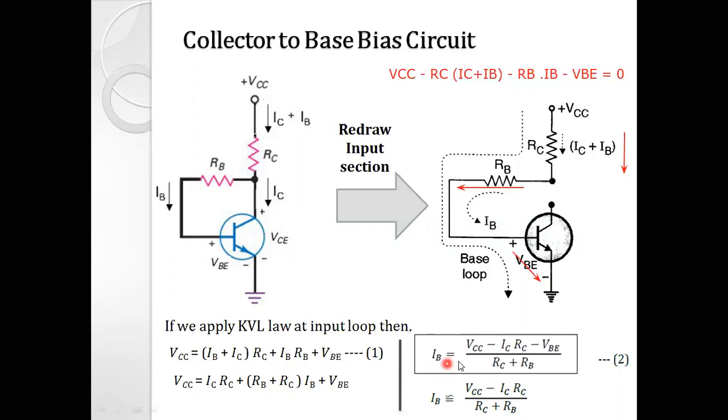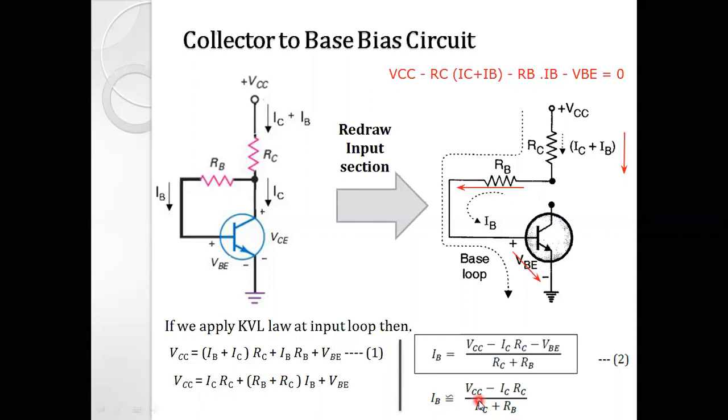So the base current is given by equation number 2, right? VBE is equal to 0.7. The magnitude of VBE is very far less than VCC, so for simplification we may neglect VBE sometimes. At that time, IB is approximated as VCC minus ICRC divided by RC plus RB.